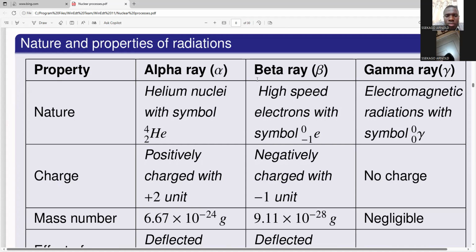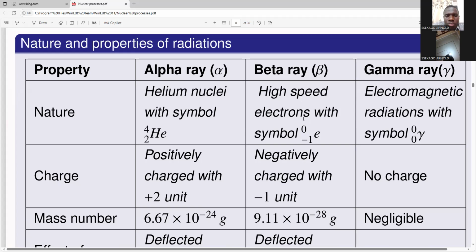Then we also have beta rays or beta particles. Beta particles are high-speeding electrons. So if you hear about beta particles, what should come to your mind is electrons that have this symbolic representation. The usual electrons which you know are the ones that we call beta particles. Still here, unstable atoms can decompose into simpler stable atoms by emitting electrons.